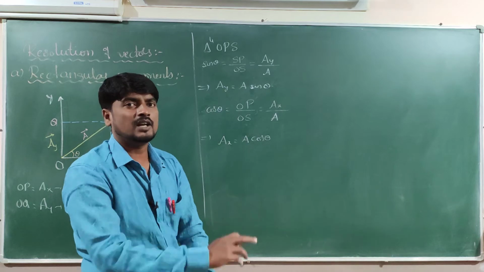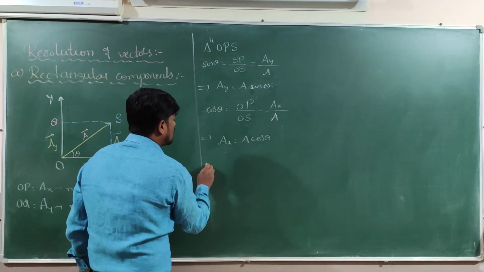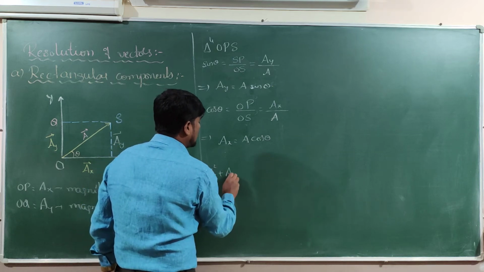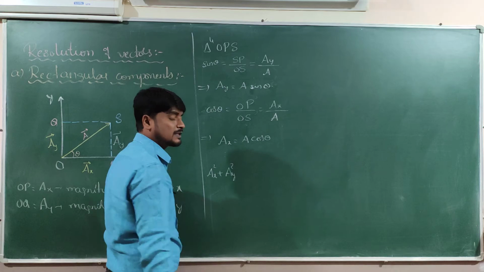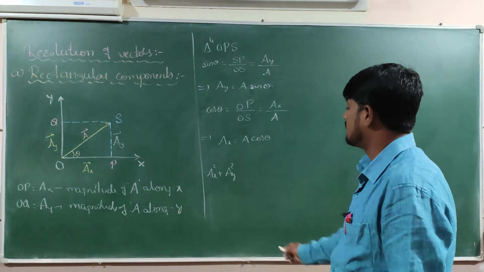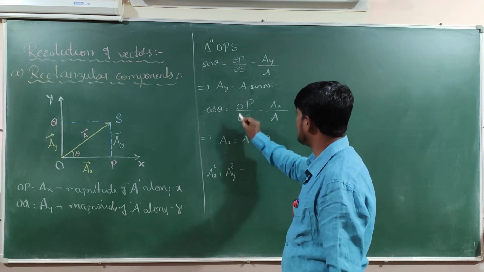Now let's take it in a different way. Suppose I square these two values, that is, I am moving to the next operation, AX square plus AY square. If I perform this operation, what happens to the vector? Let us start. AX square plus AY square is equal to, what is the value of AX square?